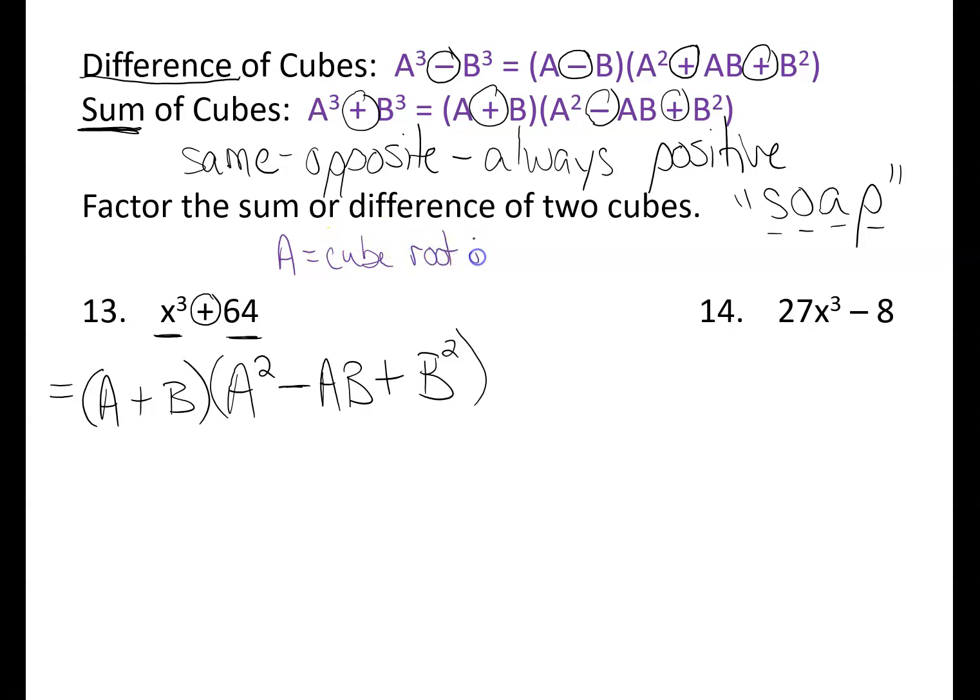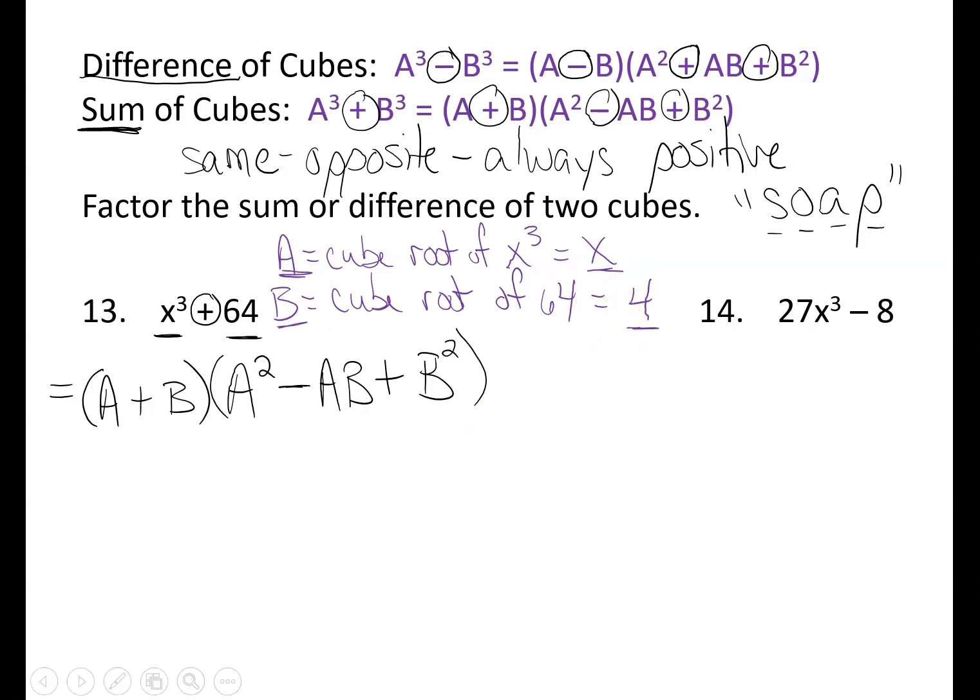So A is the cube root of x cubed, which is x. And B is the cube root of 64, and that number is 4 because 4 times 4 times 4 is 64. So A is x and B is 4.